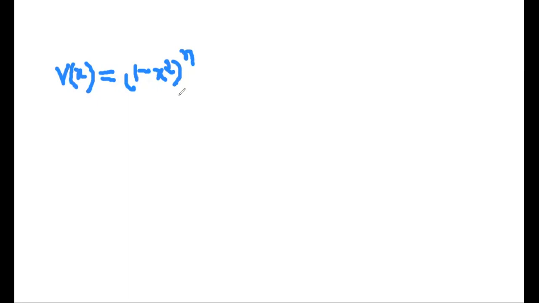ఈ ప్రాబ్లం లో తీసుకున్నాం కదా 1 minus x square whole power n. ఓకే, సపోజ్ n equal to 10 అనుకుందాం. I will consider a number m in between 0 and 10.